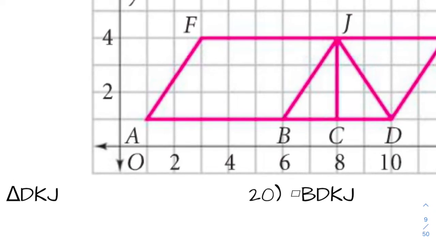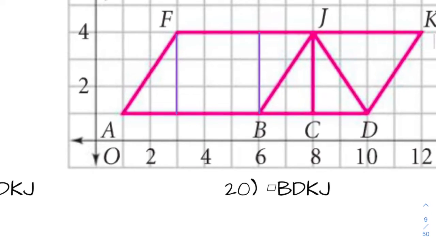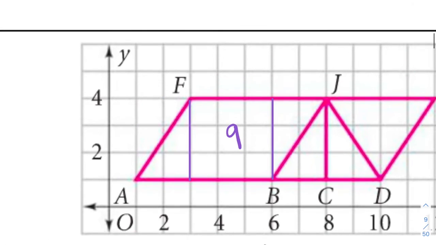So here we have, let's break it up this way, okay? And let's break that one up that way. Let's just do a whole bunch of triangles, okay? And that one square that we see. So this square is 3 by 3, so this square is going to be 9, okay? This one is 2, every one of these smaller triangles are the same.